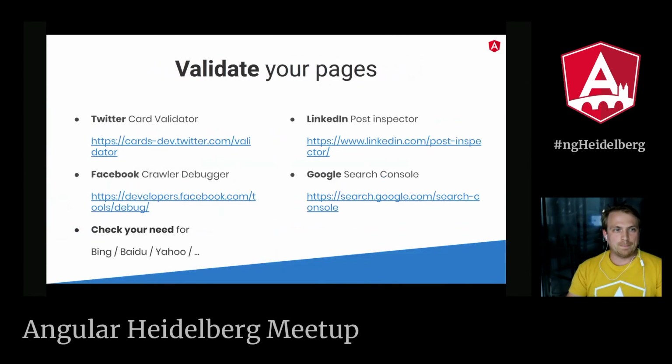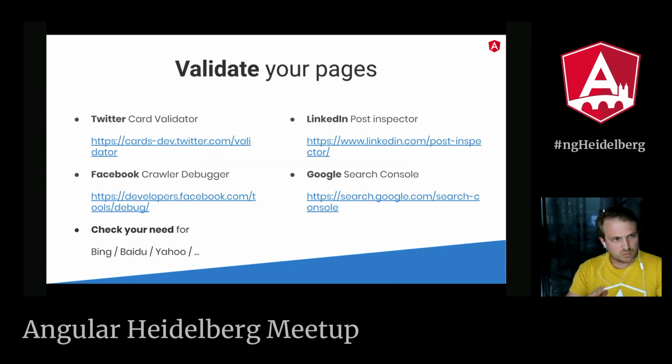So fortunately, we have plenty of tools available to validate the HTML output of our pages. And nearly every big player, including the social media networks, has some way to validate and perhaps bust the cache of the previews of the pages that you try to share on the feeds of those social networks.